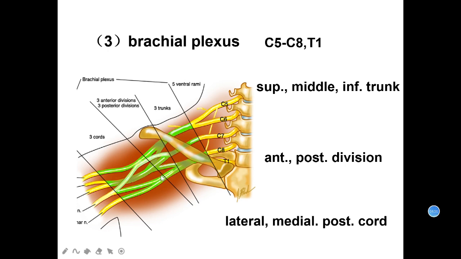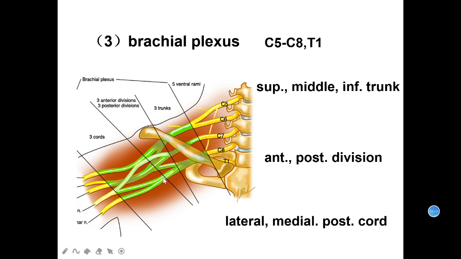Then these divisions continue to fuse into three cords: lateral, medial, and posterior cord. The lateral cord is from the two anterior divisions of the upper trunk and middle trunk.